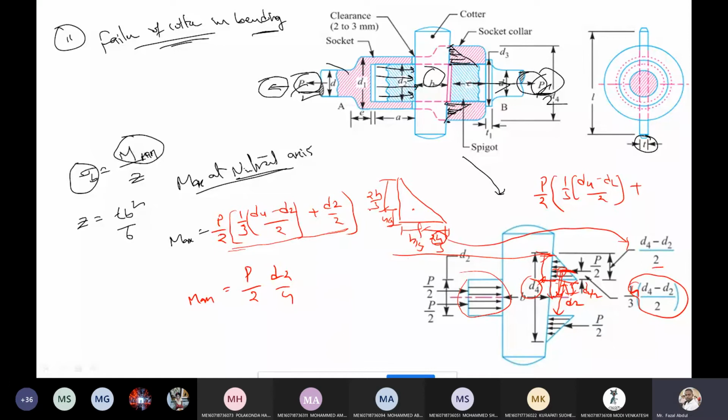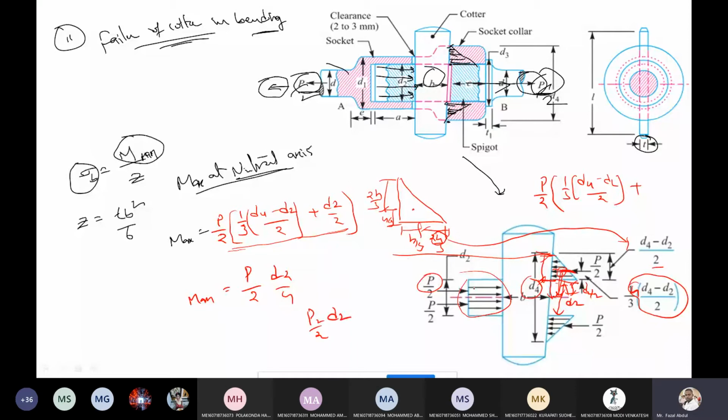Now for the uniformly distributed load, this is the total load P by 2. And to convert UDL to point load, what is the procedure? Load into distance. So load into distance, we are taking P by 2 into D2.